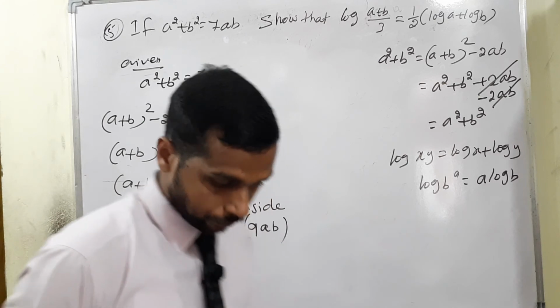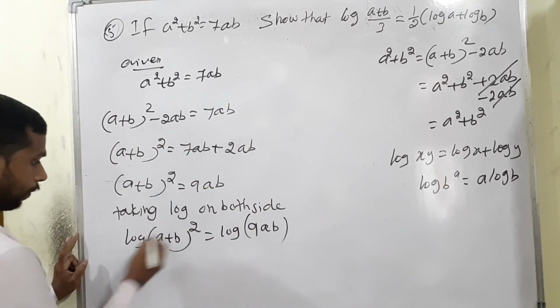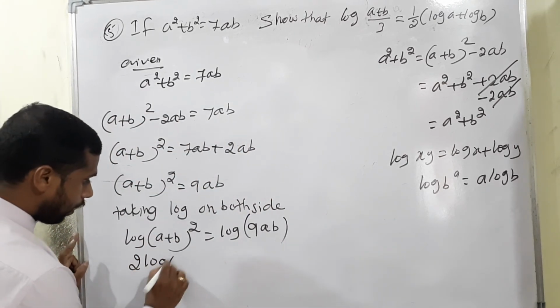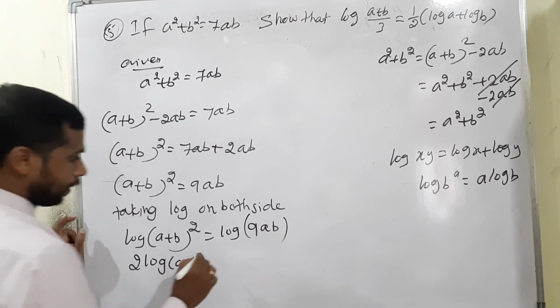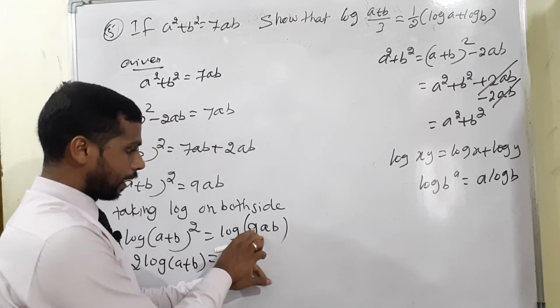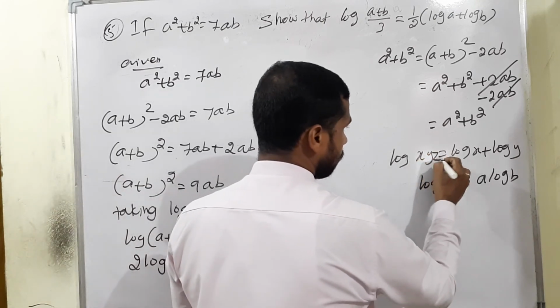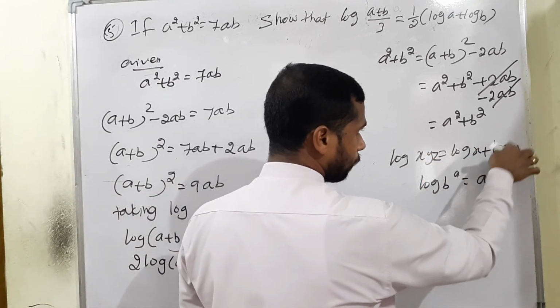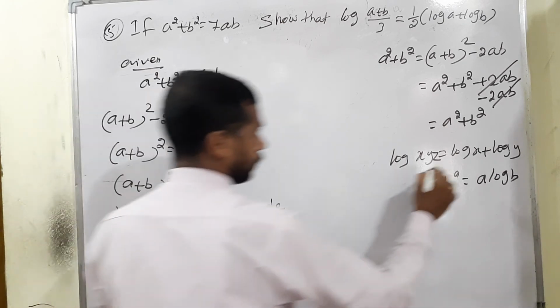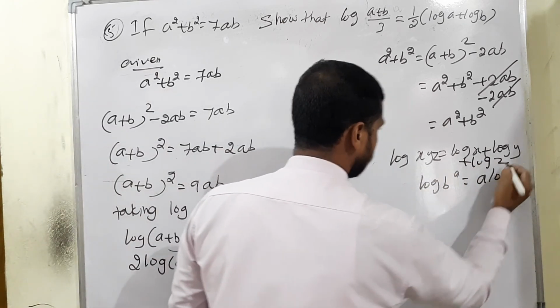Therefore, by the power rule, 2 log (a plus b) is equal to, here three terms are there: 9 is there, a is there and b is there. Therefore for the condition x, y, z, what will happen? Log x plus log y plus log z. So just add it, this is log z, the third term.